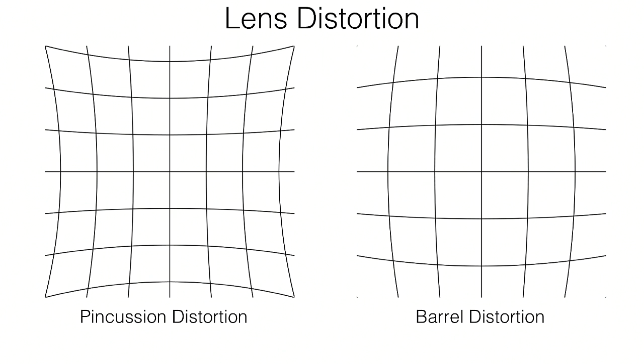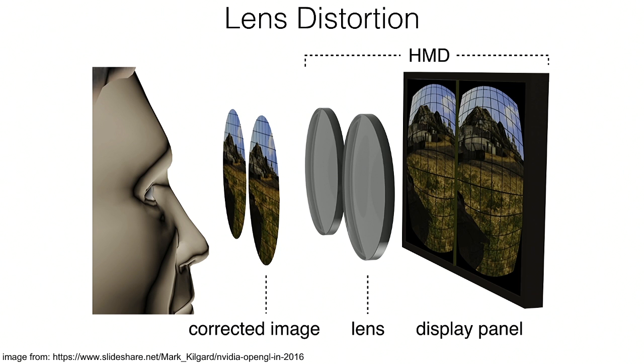If we pre-warp the images on the display itself, bending the lines the other way, then when they pass through the pincushion distortion introduced by the optical system, on the other side we'll perceive straight lines once again. The pincushion distortion is the optical distortion, and the barrel distortion is what we introduce digitally in software.